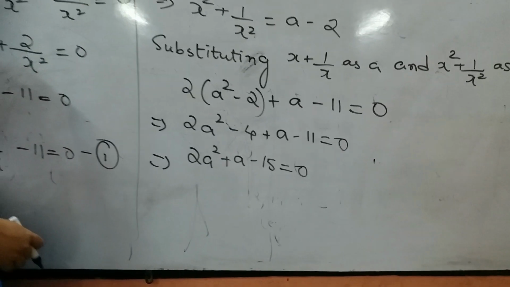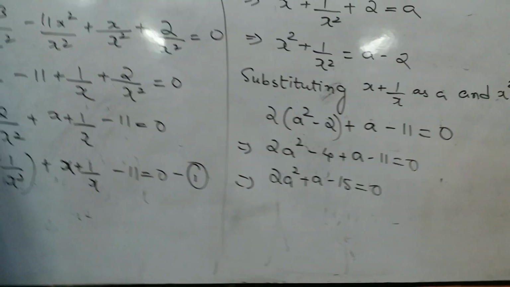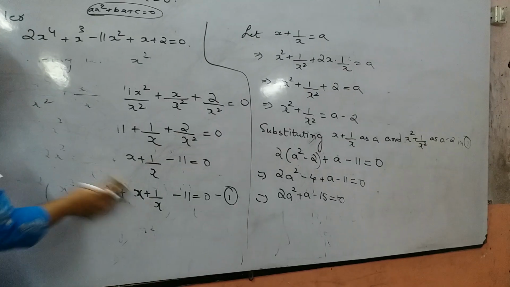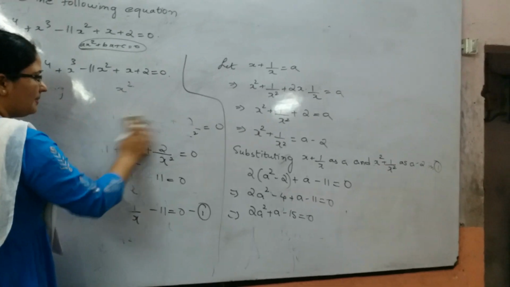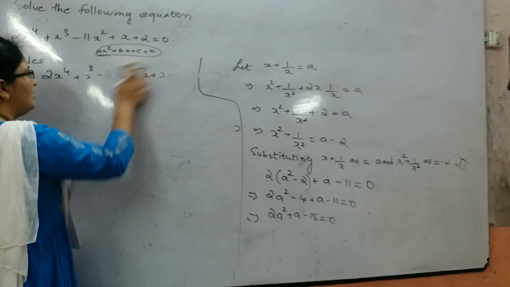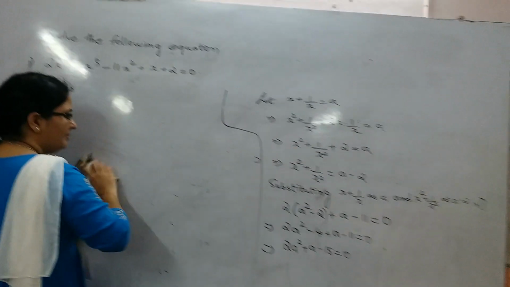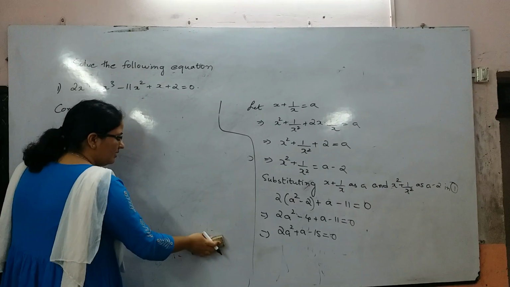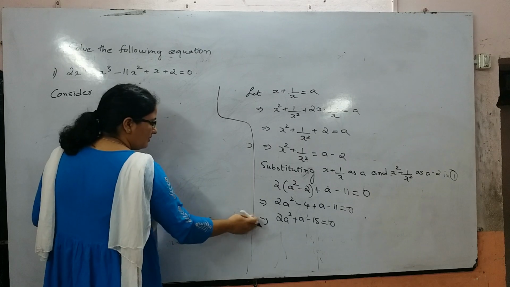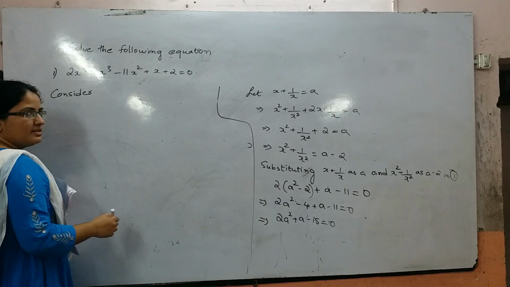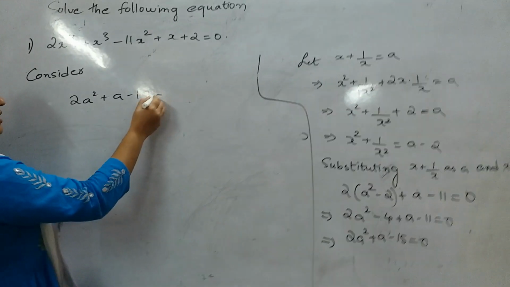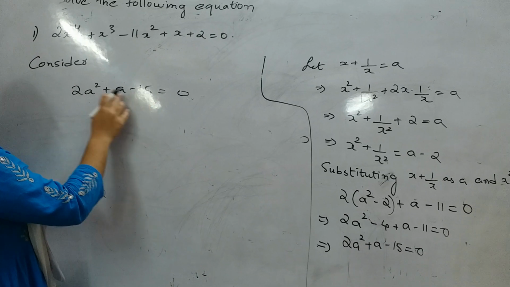So here you have a. Now, let us factorize this equation. 2a square plus a minus 15 is equal to 0. 2 into 15, 30. 6 5s are 30.